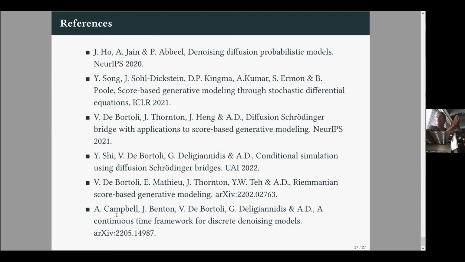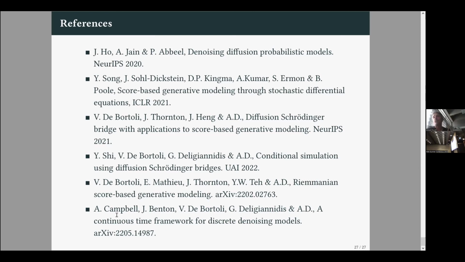So as long as you have a forward process that diffuses toward a simple distribution that is easy to sample, if you're able to approximate correctly the time reversal process, then you're good. You don't need to have this Gaussian thing.